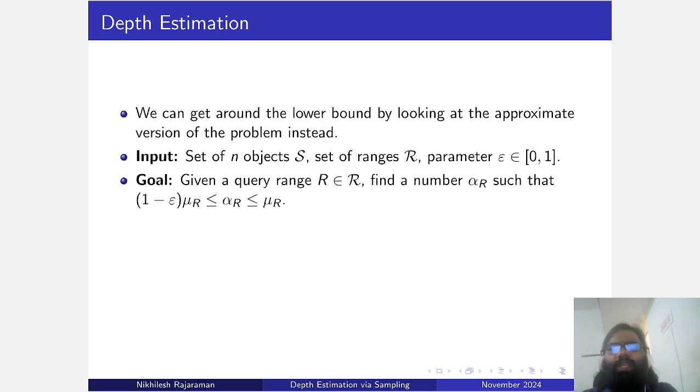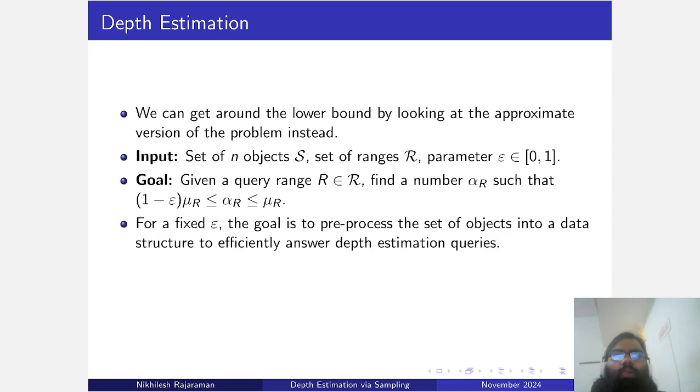In this expression, we've written this as a one-sided error bound, but we could have allowed for two-sided error as well. It doesn't really matter that much. And as before, our goal is to efficiently answer these queries. We want to know if we can preprocess this set of n objects into some data structure to answer these queries efficiently.